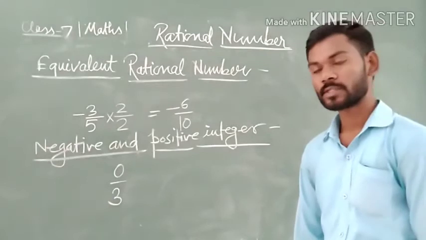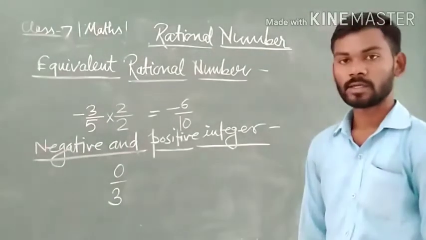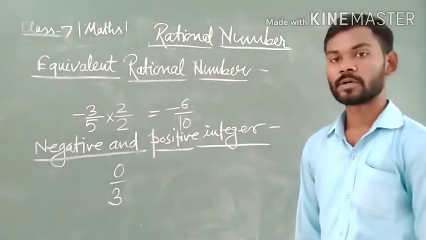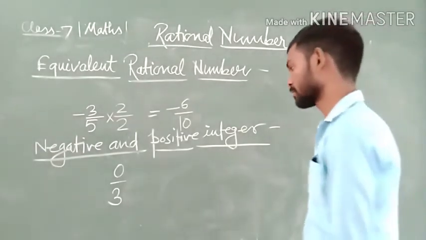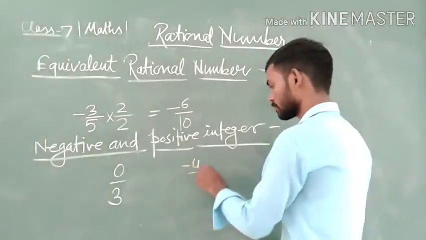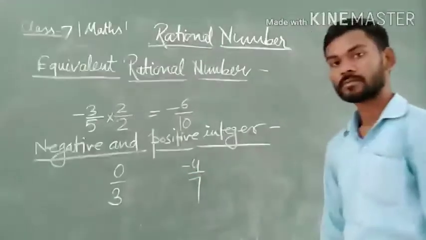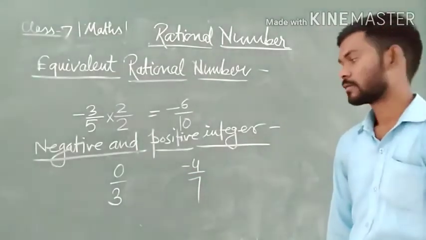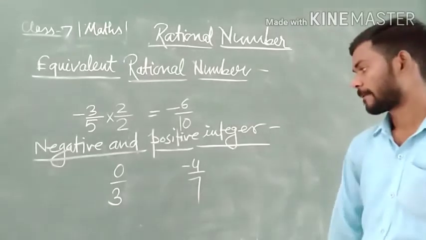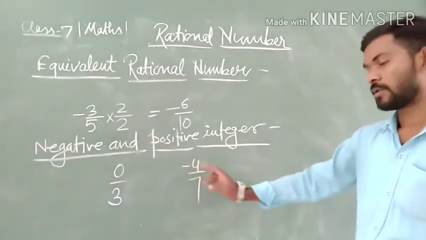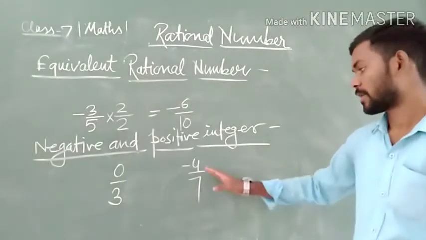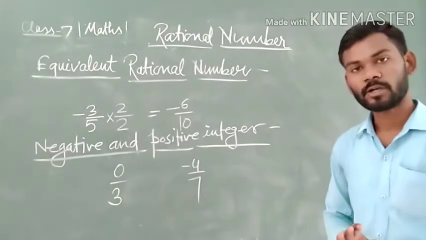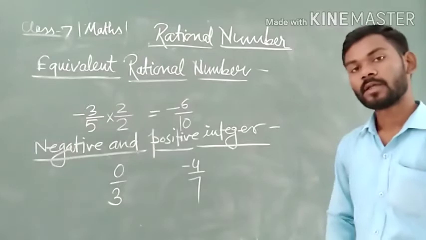Therefore, it is impossible to say that it is either positive or negative. But if we write minus 4 upon 7, here we can see that minus 4 is a negative integer. So such a rational number is called a negative rational number.